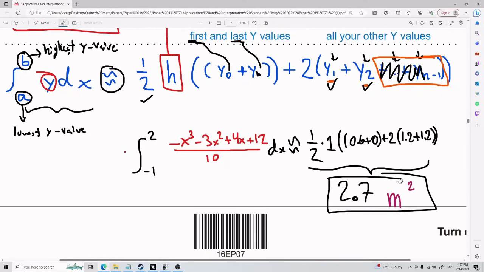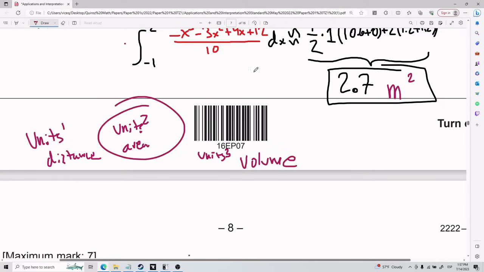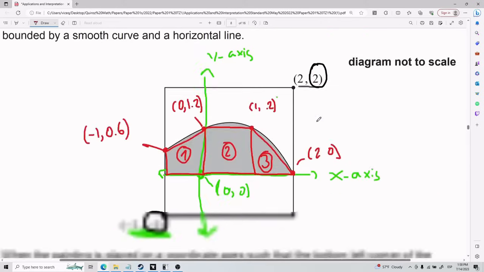Quick lesson. If you have units to the power of 1, it is going to be distance. If you have units to the power of 2, it is area. If you have units to the power of 3, you should know it by now, it's volume. In this case, we are talking about area. That's why it's squared, 2.7 meters squared. That is part A. Beautiful.